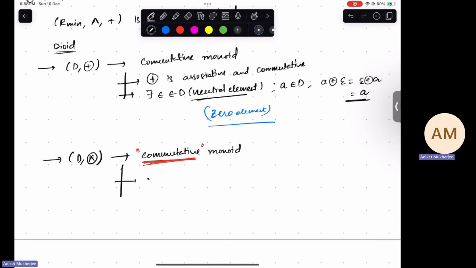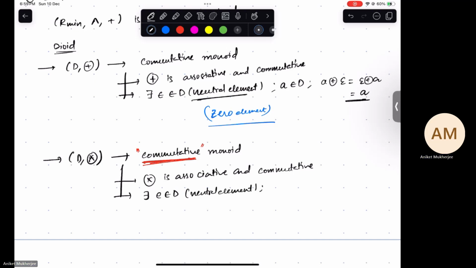So the second binary operator is associative and commutative. Then there exists E belongs to D, the neutral element for the monoid, such that for all A belongs to D, A operator E is equal to A. Now this element we call the unit element.